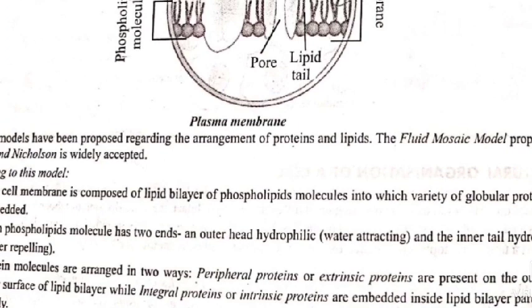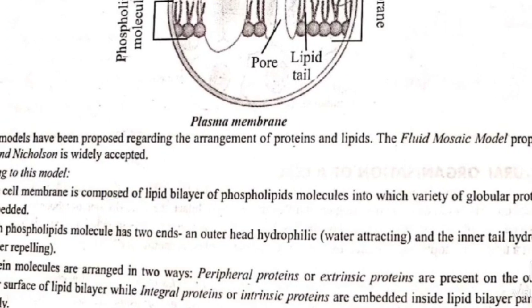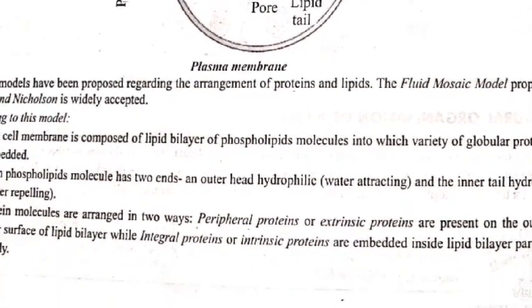According to this model, the cell membrane is composed of a lipid bilayer of phospholipid molecules into which a variety of globular proteins are embedded. Each phospholipid molecule has two ends, an outer hydrophilic head and an inner hydrophobic tail.